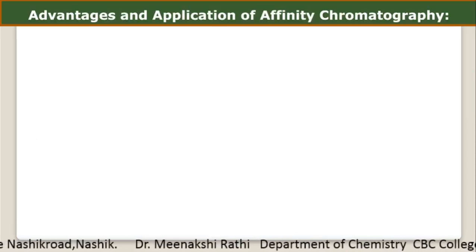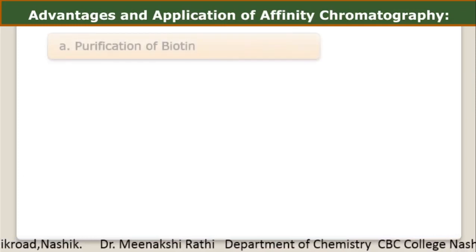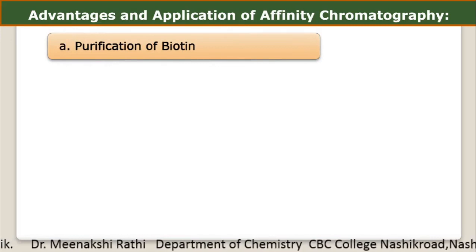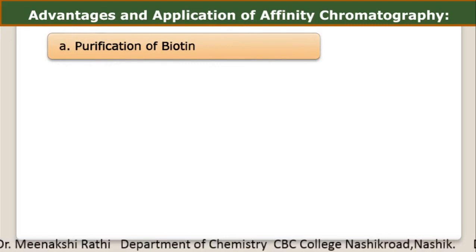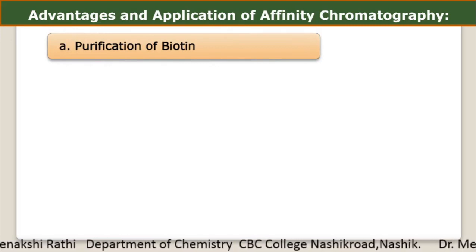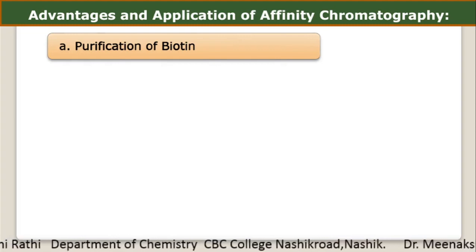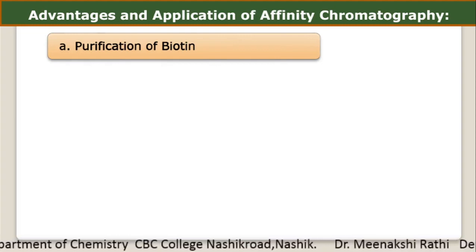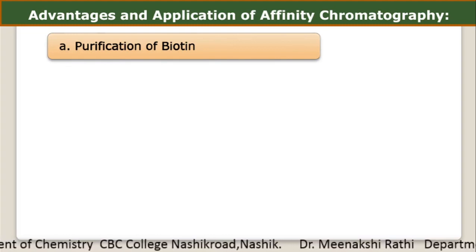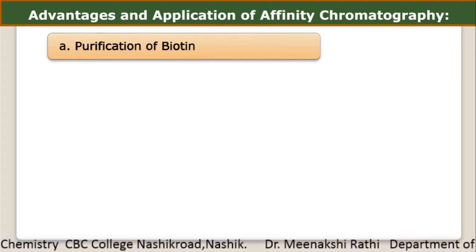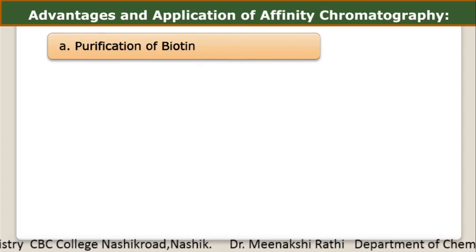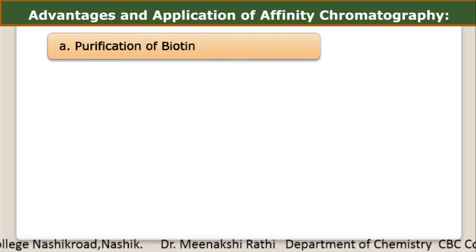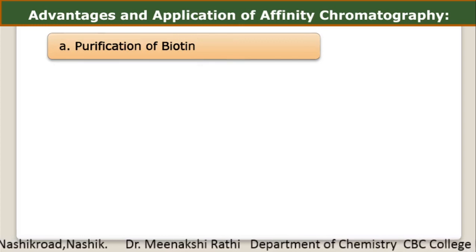Now we'll see the applications of affinity chromatography. Affinity chromatography is used for the purification of biotin. Biotin is one of the cofactors of several enzymes. For this technique, avidin is a tetrameric protein which is deposited in the egg white of birds, reptiles and amphibians.